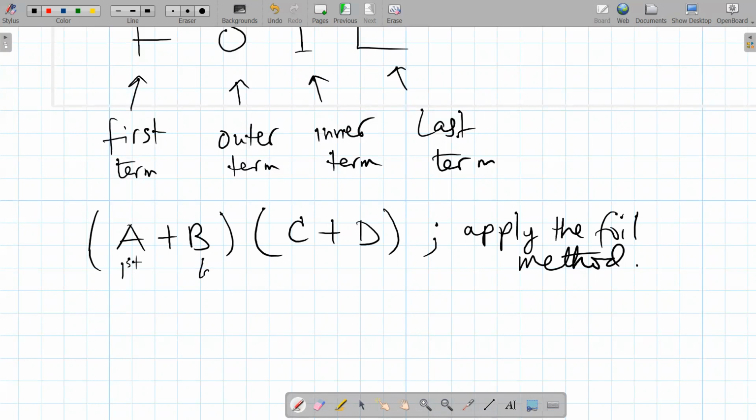So last, first, last. And these two here together will be what we call the inner. And again, these two here are considered also as the outer.